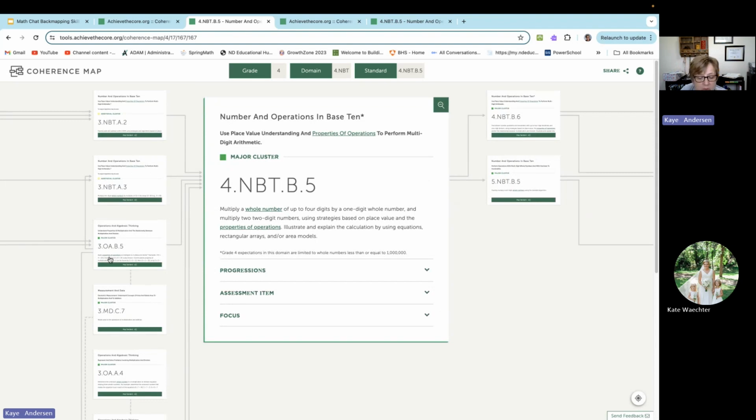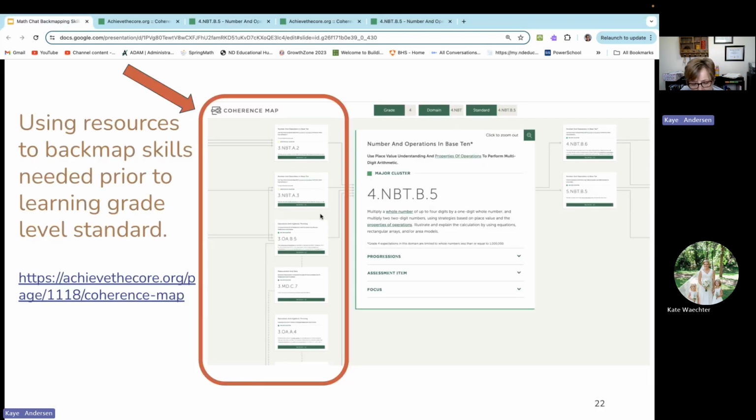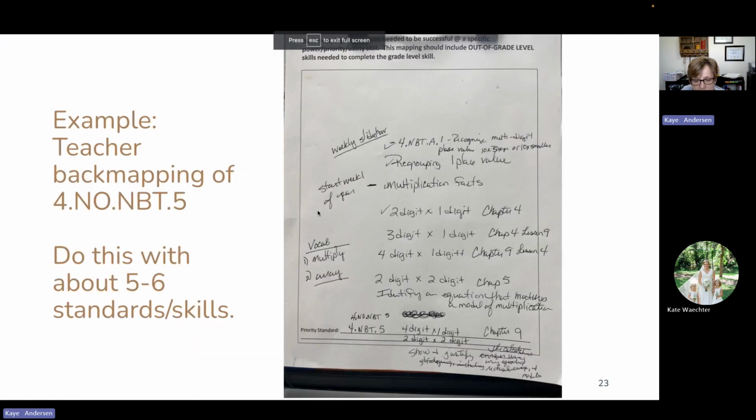So I might want to look through those standards to see if I agree, or if I know that my students are struggling with NBT 5, what are the skills they might be missing that I need to think about? Because what we're going to do with this information is back map it for our reference in order to make our calendar.